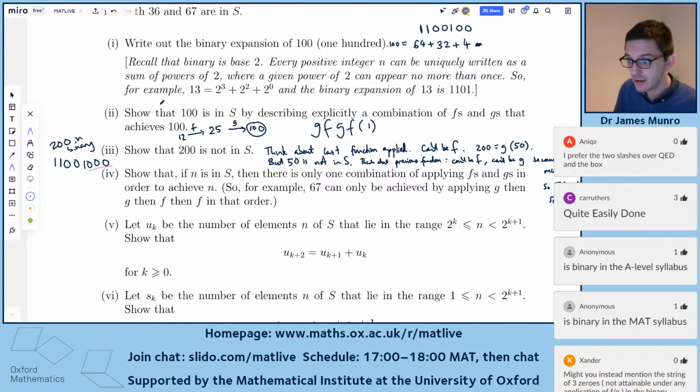So this is actually not too bad. So 67, we can see that the last thing that was applied must have been F. We can notice that because 67 is odd. And then work backwards from 33, I suppose. But 33 is a smaller number. So if we make the number smaller and keep working backwards, then we're okay. We can keep making new numbers.